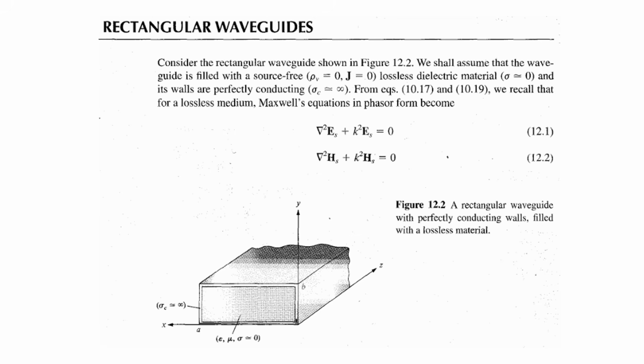Further, if you solve these equations, you will get the solutions, that is how the electric field and magnetic field vary, and k is your propagation constant. So we consider a rectangular waveguide with perfectly conducting walls filled with lossless materials. The materials may be different.